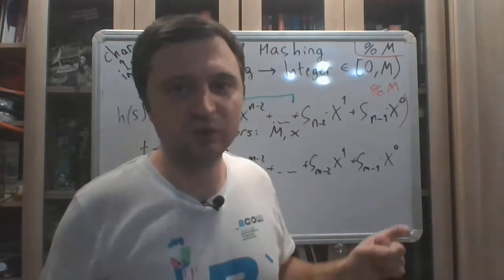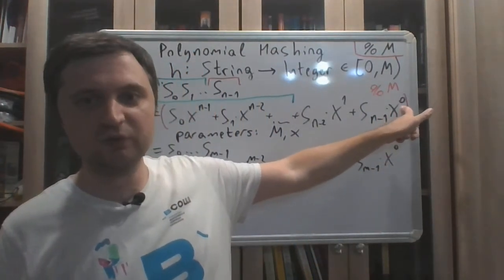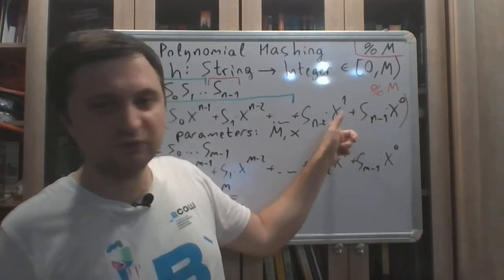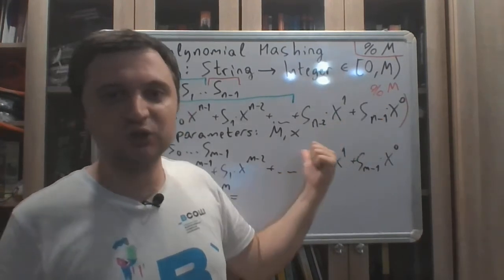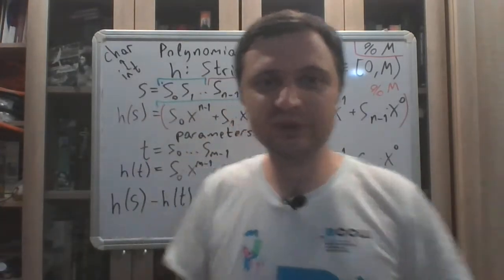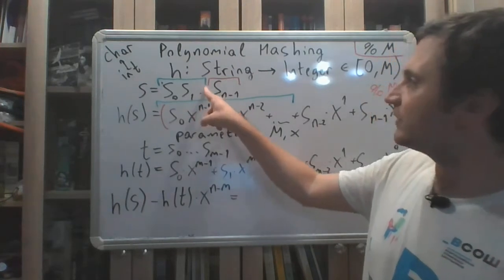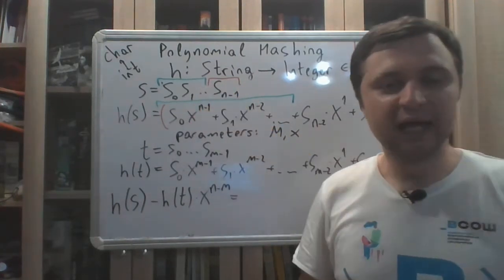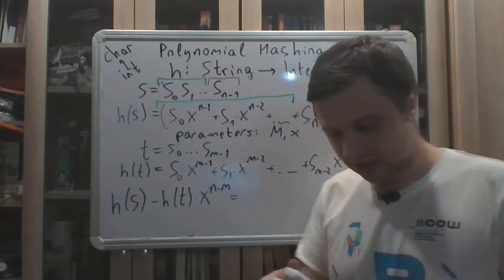So we receive a polynomial where the last letter is multiplied by x to the power of 0, the previous to last letter is multiplied by x to the power of 1, and so on. So what do we receive? We receive this very type of formula for the last n minus m letters.